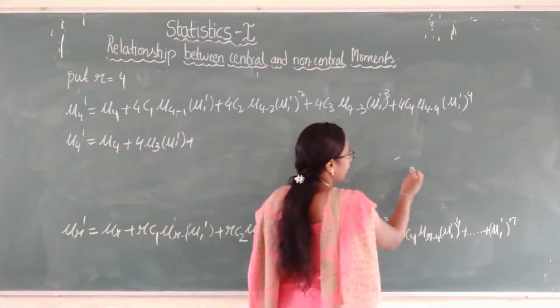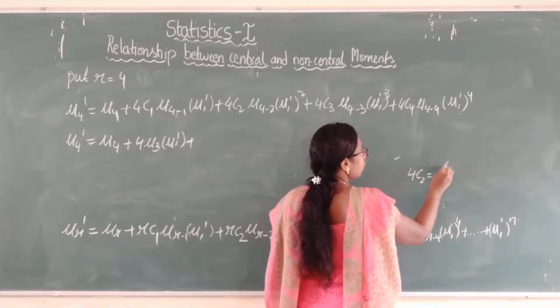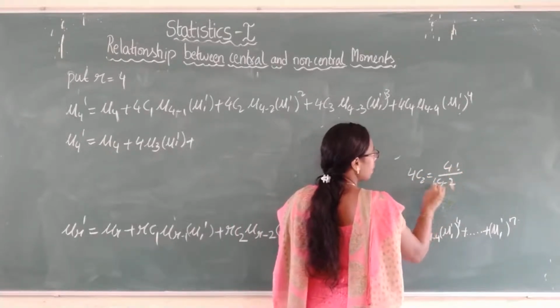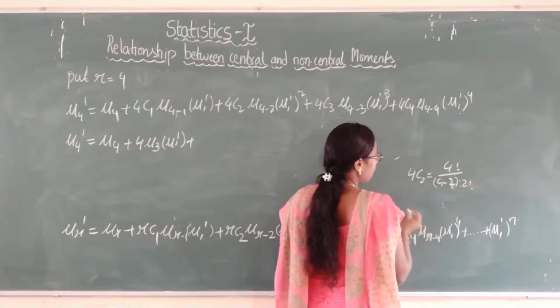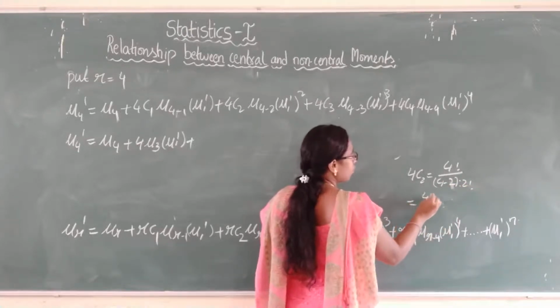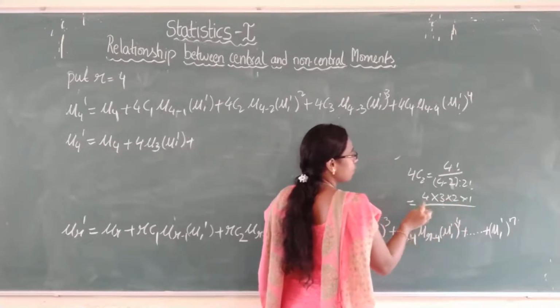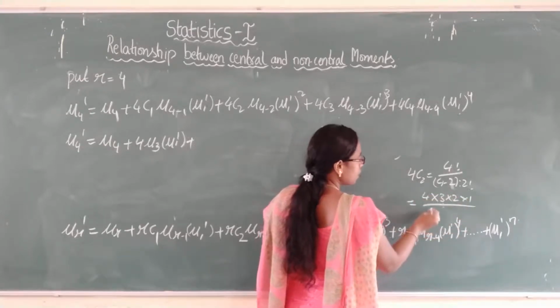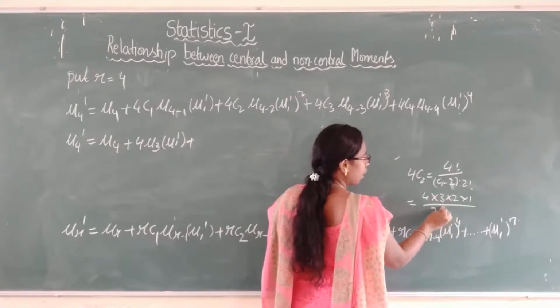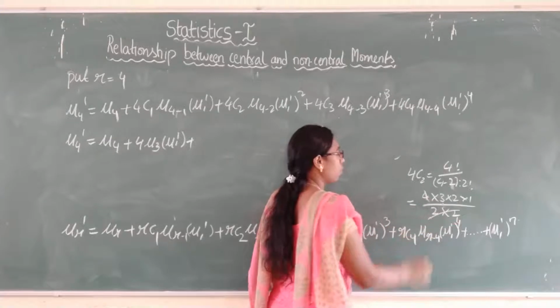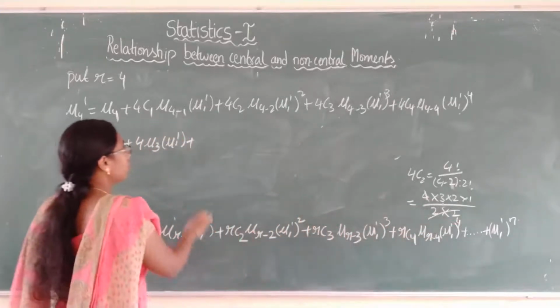How will you find out? 4c2 equals to 4 factorial by 4 minus 2 factorial into 2 factorial. So 4 factorial means 4 into 3 into 2 into 1, divided by 4 minus 2 is 2 factorial, 2 factorial is 2, 2 factorial is 2. 4 and 4 gets cancelled. 3 into 2, it is 6.